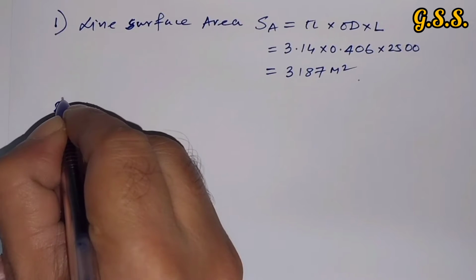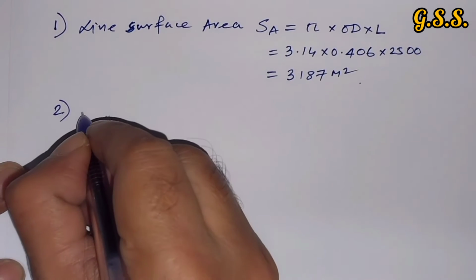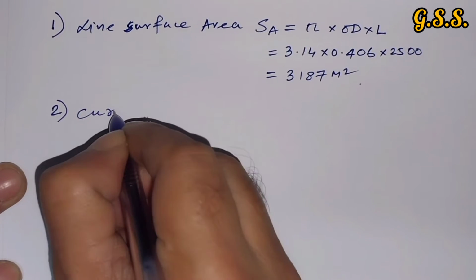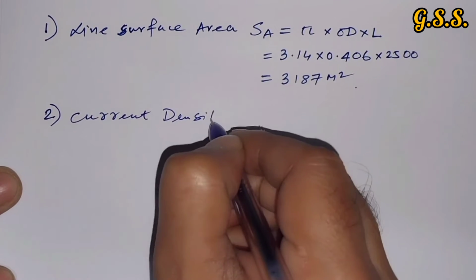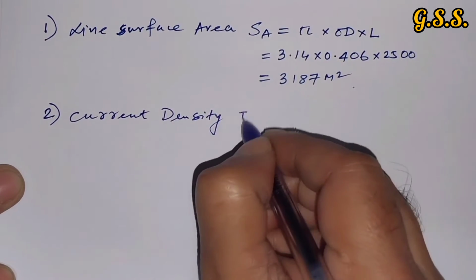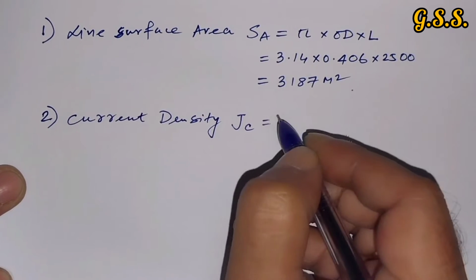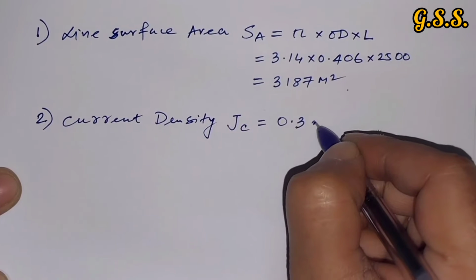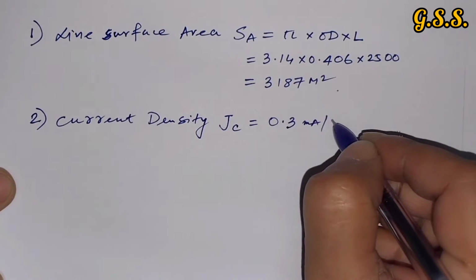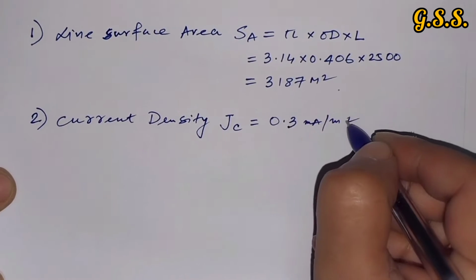Then the second step is current density. Current density JC equals 0.3 milliampere per meter square.